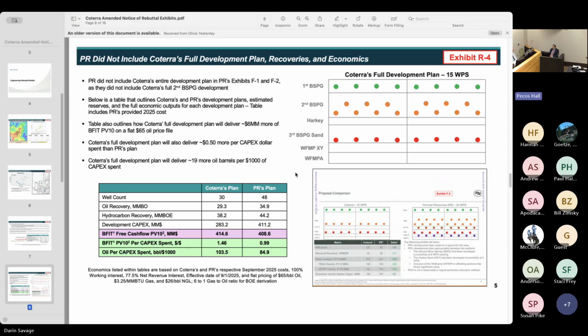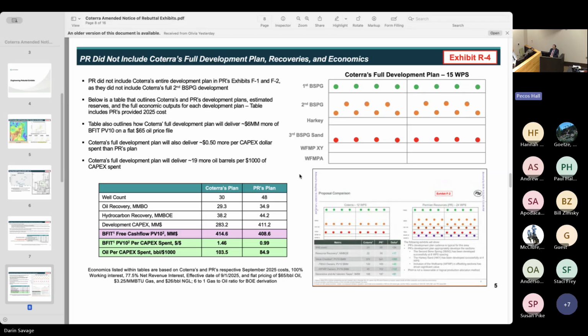Coterra's full development plan highlights that we're going to drill all the second Bone Spring and the third Bone Spring wells. Looking at the timing of Coterra's development, we have the third Bone Spring being developed before the end of the year. Coterra already has permits for one of the developments, and we can get the permits for the other development within the next couple of months.